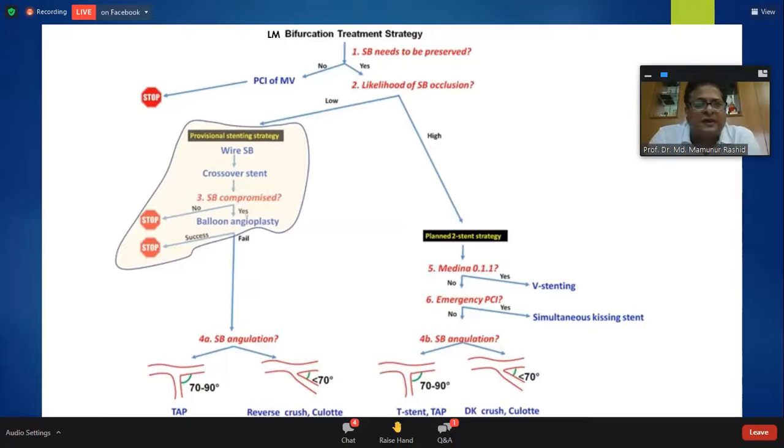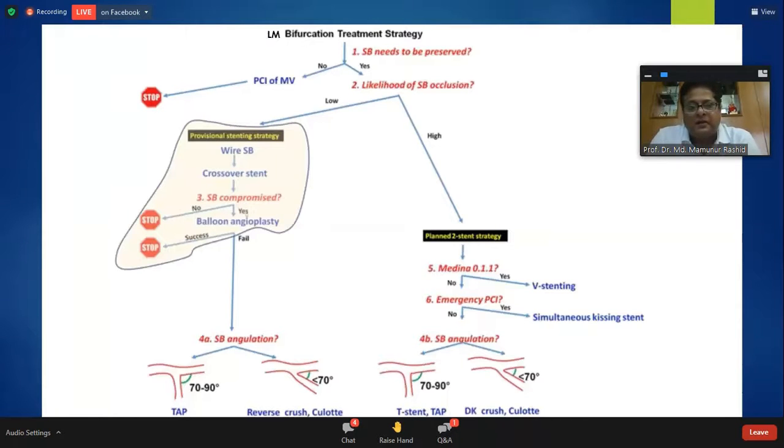In provisional stenting, wiring of the side branch is done and crossover stenting is performed. If the side branch is not compromised, the procedure is completed here. If the side branch is compromised, rewiring and balloon angioplasty should be done. After balloon angioplasty, if TIMI 3 flow is successfully achieved, the procedure is stopped here. If it fails, a second stent should be added.